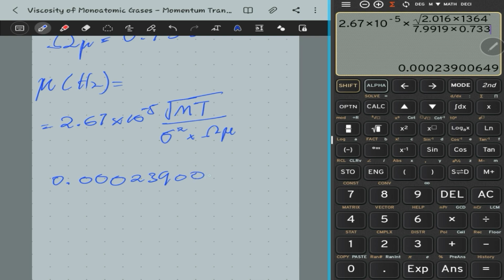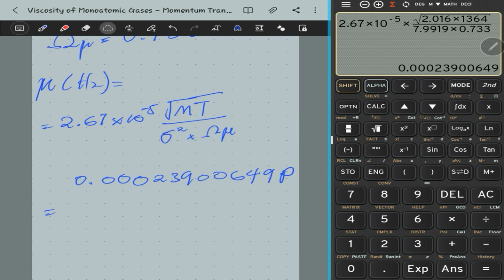Let's just write it. We can do the conversion there, right? And because we use the unit per the equation, we have this to be in what? Poise. Very simple, right? So that will mean that this is the viscosity in poise.